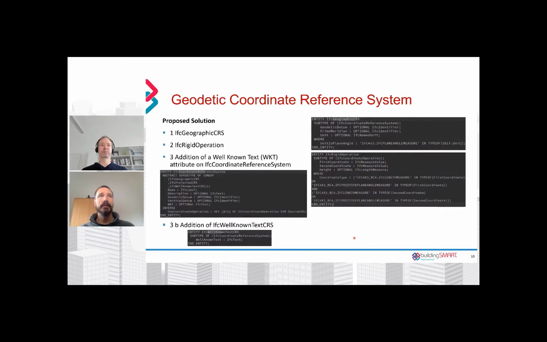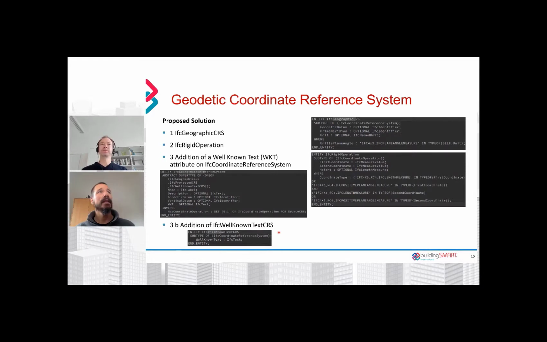There are still two alternatives that we're looking at, and we also have a schema that was generated for both alternatives. As you can see in the slide here, that's the well-known text representation, and this well-known text representation will also give us the ability to get rid of ambiguous attributes such as scale and map conversion.